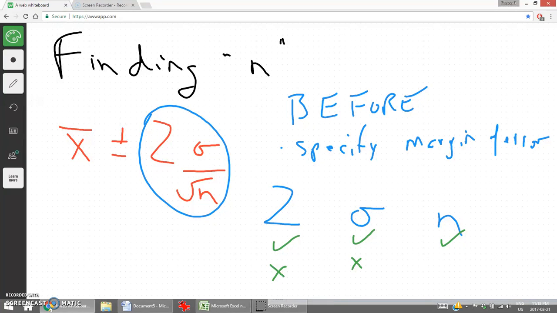So in order to have a smaller margin of error, the only thing we can do is change our sample size. And the only way to do that, if we want to have a smaller margin of error, is we increase our sample size. So let's take a look at how to actually set this up so we can determine the appropriate sample size before we start collecting data.